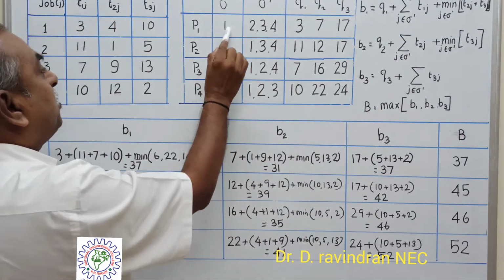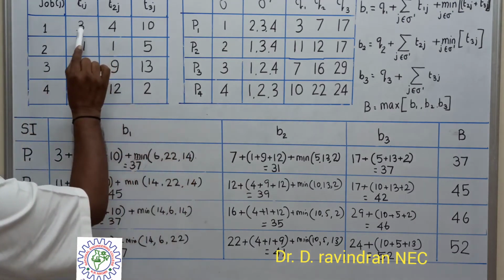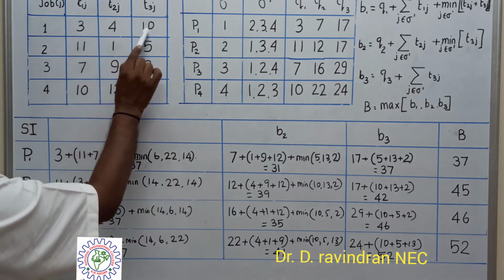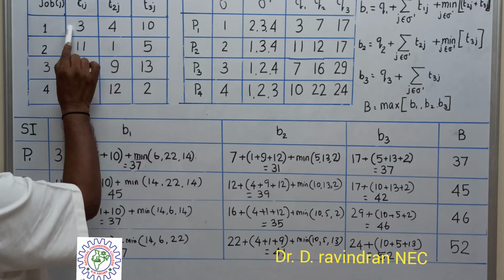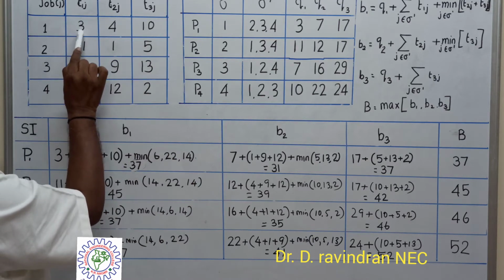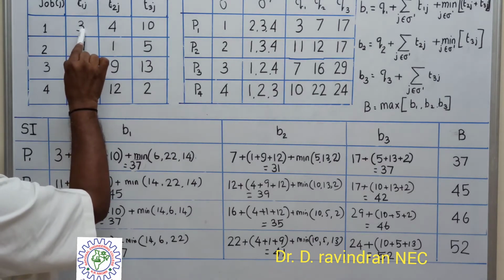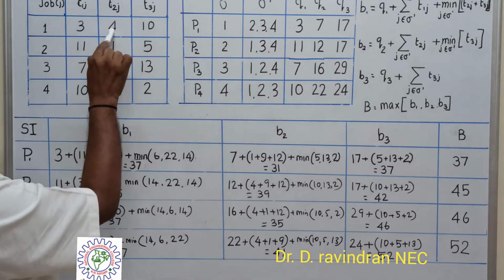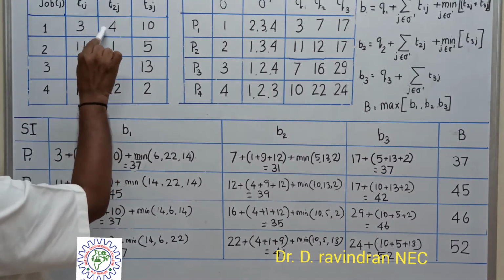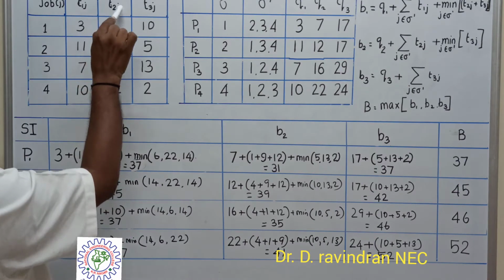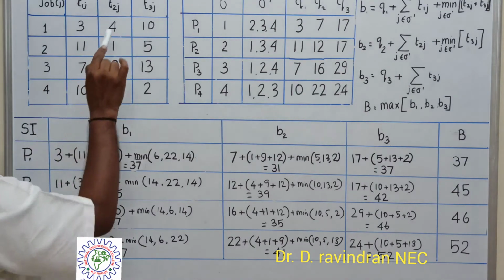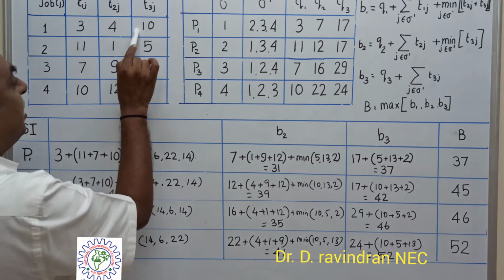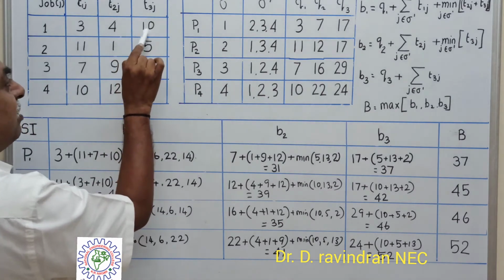When the first job is processed, it has processing times of 3, 4 and 10. Assume it is started at time 0. At 3 hours it comes out from machine 1. Then it enters machine M2, where it is processed for 4 hours. So 3 plus 4, 7 hours. At 7 hours it comes out from machine M2. Then it enters machine M3, where it is processed for 10 hours.